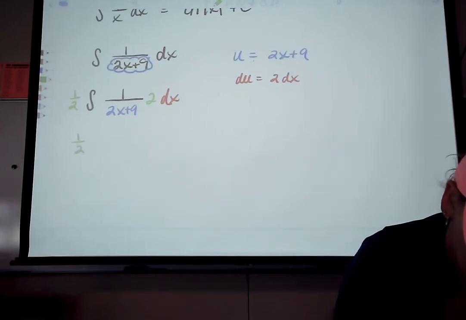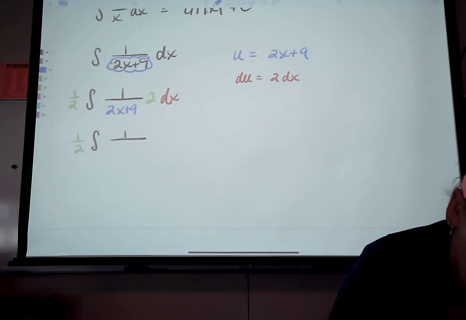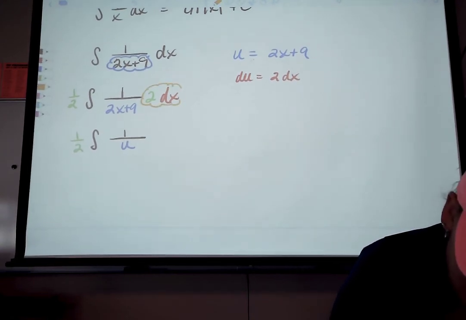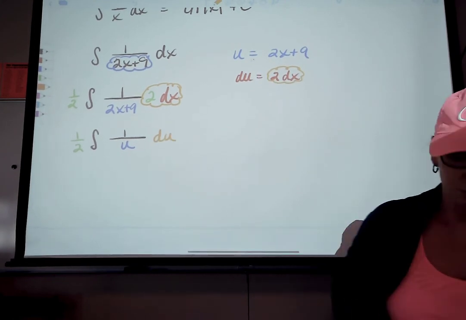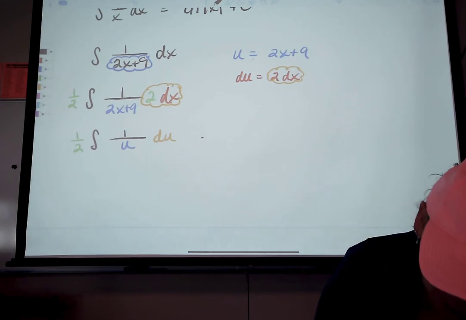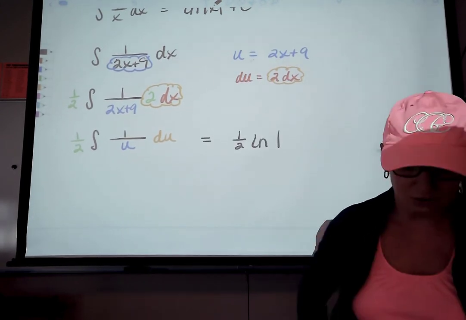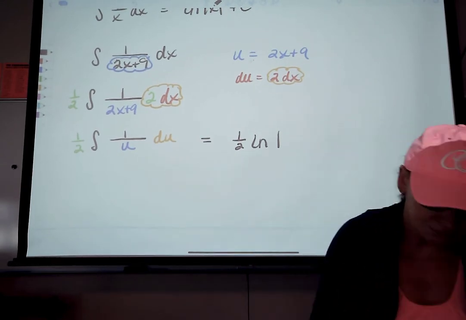Now you've got 1/2 times 1 over u, and all of this matches this and becomes du. Aha. Now your answer is 1/2 ln absolute value of your original u.